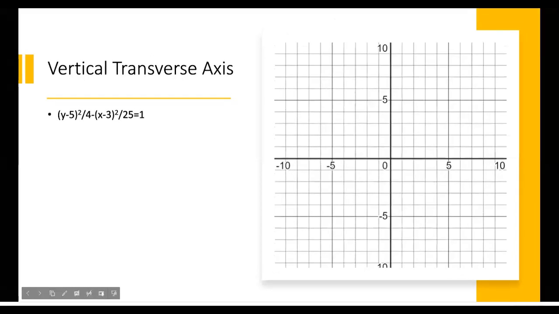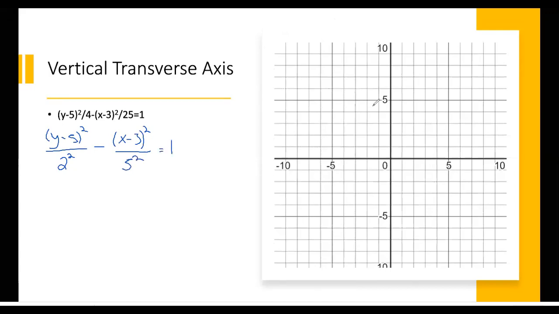And I'm going to, again, just rewrite this as y minus 5 squared over 4, which is 2 squared, minus x minus 3 squared over 25. 25 is 5 squared. So we're going to put this as 5 squared is equal to 1.